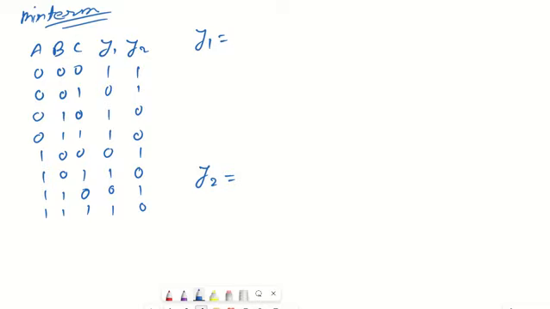Can you see that it can be considered as decimal values, say 0, 1, 2, 3, 4, 5, 6, 7. Wherever you see 1 in the expression, that term can be written as a min term, right? So I can write y1 as the summation of min terms wherever 1 is there: 0, 2, 3, 5, 7.